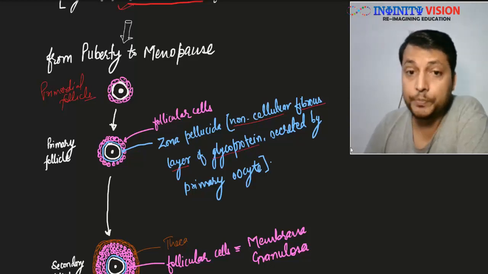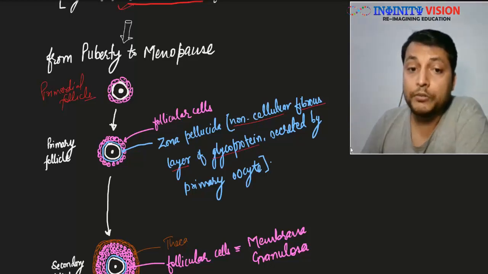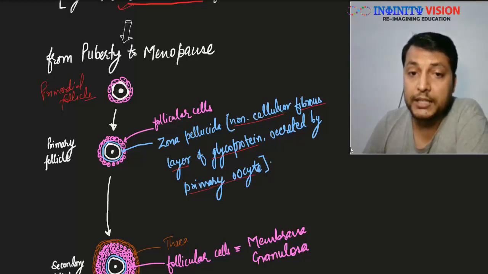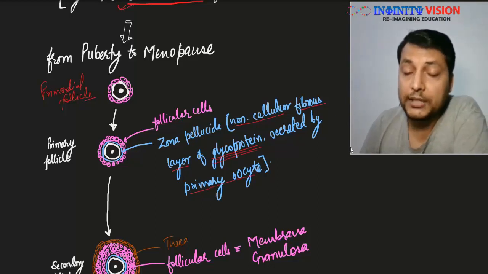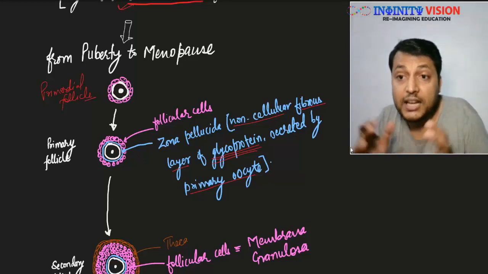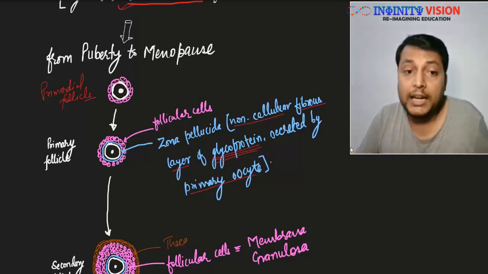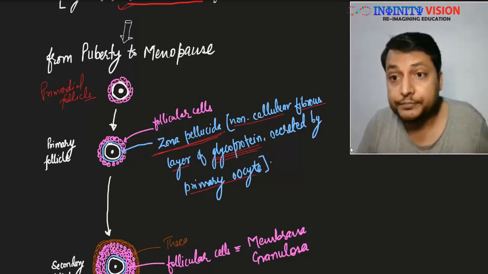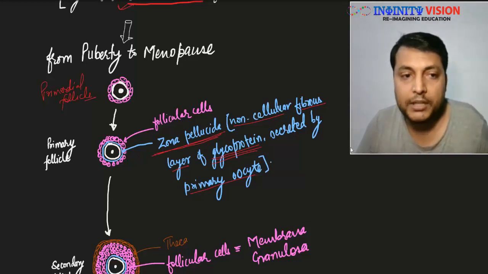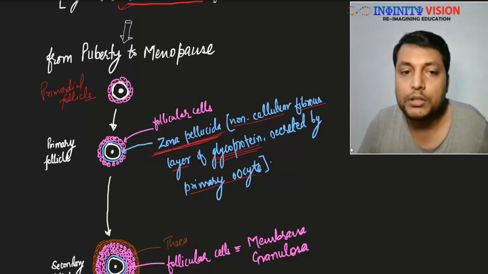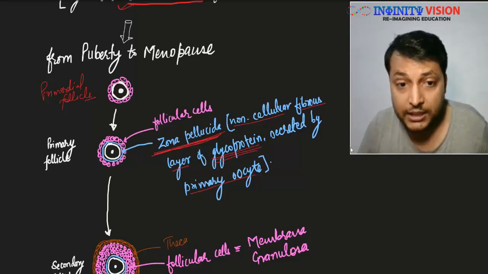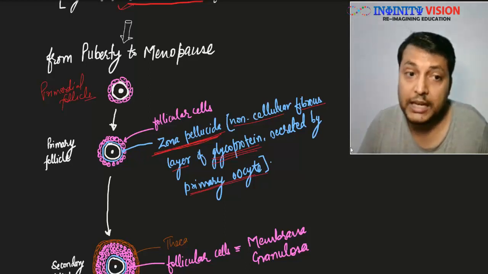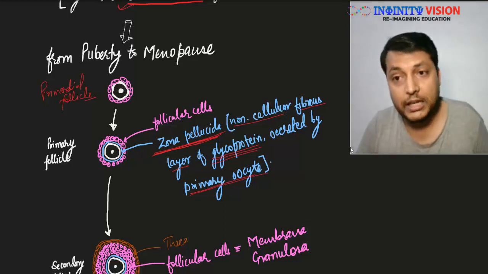This layer, secreted just outside the primary oocyte, forms a protective layer called zona pellucida. Can you see, this is the primary oocyte, and outside it this non-cellular layer called zona pellucida is secreted by the primary oocyte, and outside this the follicular cells are arranged.